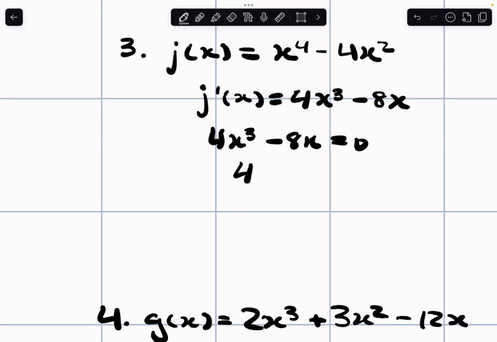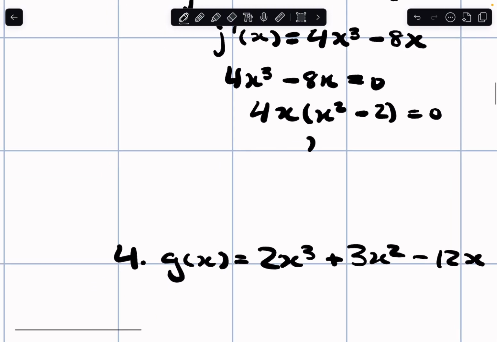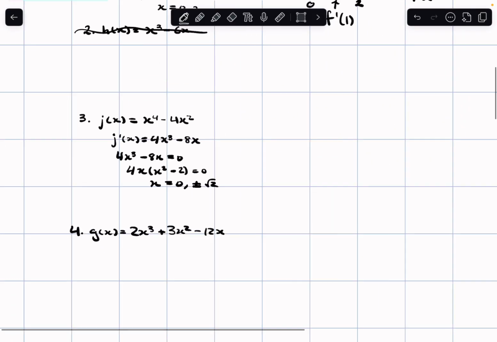We'll take out 4x, and this will be x squared minus 2, equal to 0. So we're given x equals 0, and plus or minus the square root of 2.